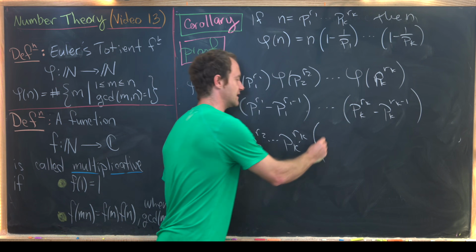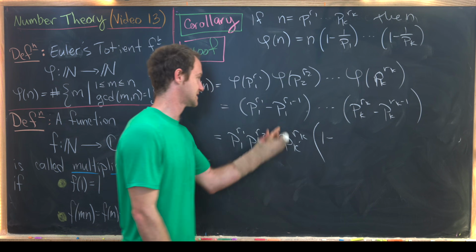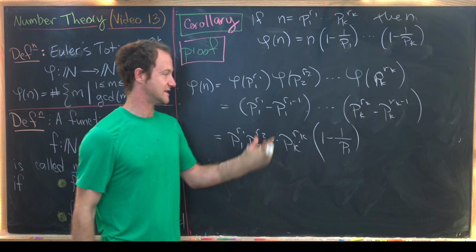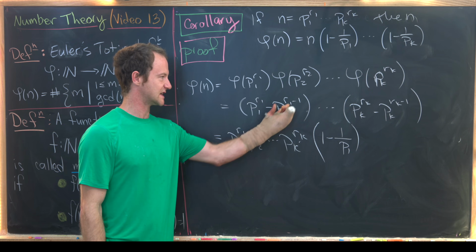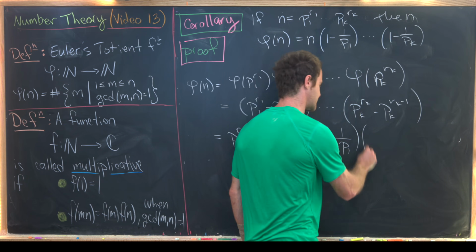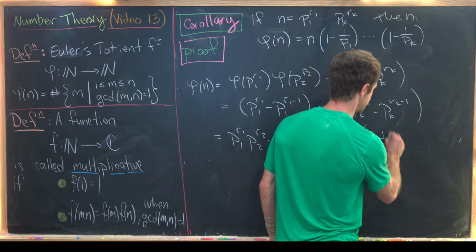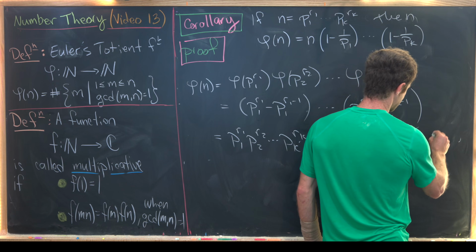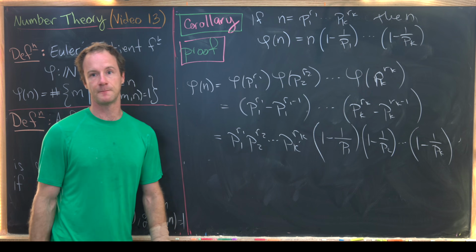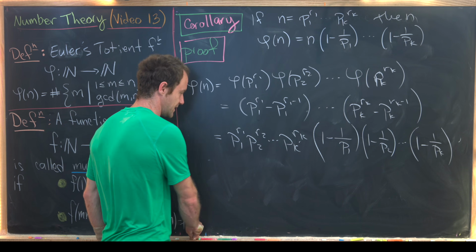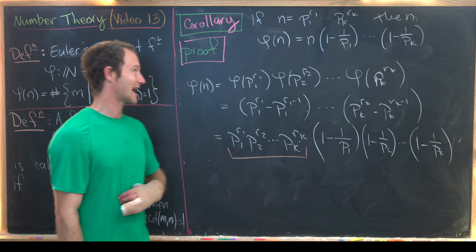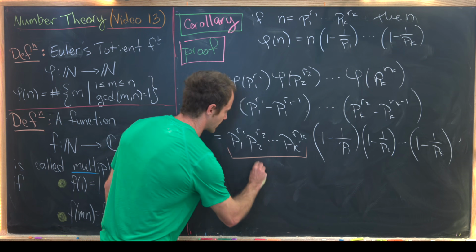Here we'll be left with 1 minus 1 over p1. Well, why is it 1 over p1? Because we have 1 less power of p1 here than we factored out. And then the next term will be 1 minus 1 over p2. All the way up, the last term will be 1 minus 1 over pk, like that. But now we're in luck because notice these numbers represent exactly the factorization of our number n.